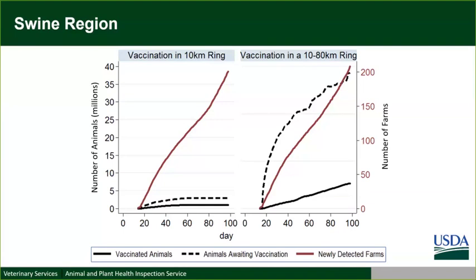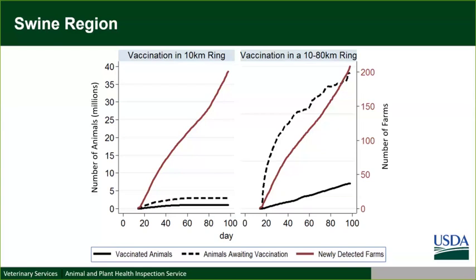That's the dotted line that corresponds to the left axis on this chart. That's the number of animals that are awaiting vaccine, versus the dark black line, which is the capacity you're operating at, so how many you're able to vaccinate per day.